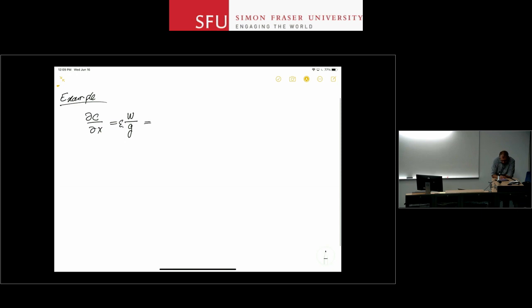For epsilon naught, for vacuum or gases, it's 8.854 times 10 to the minus 12 farads per meter, times W, which was 10 microns, and gap was 2 microns.